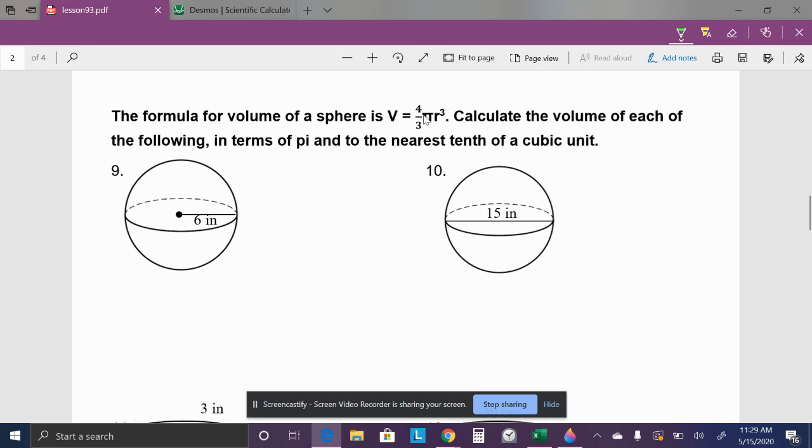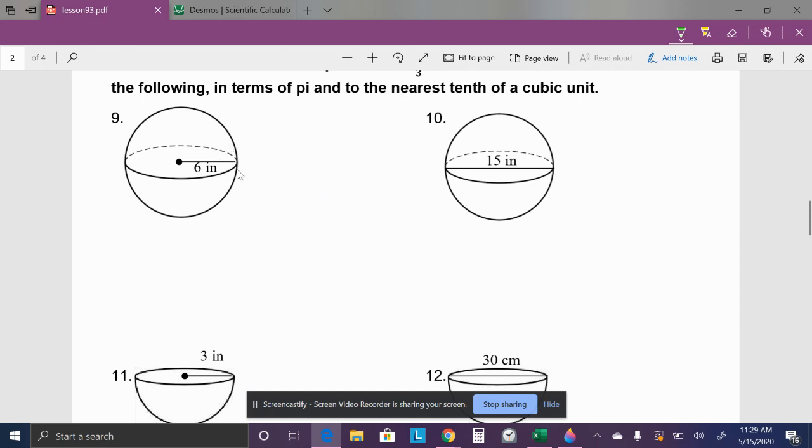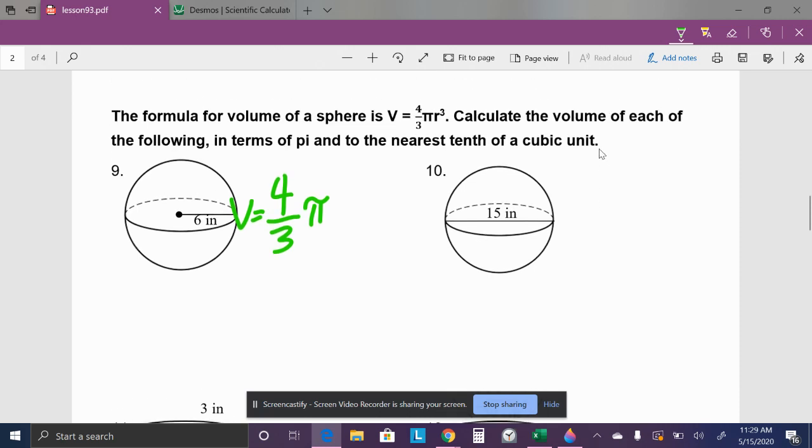So this is the formula for a sphere. And again, be careful with these because this one, they give us the radius, all right? So we have 4/3 pi, what is it, r cubed?